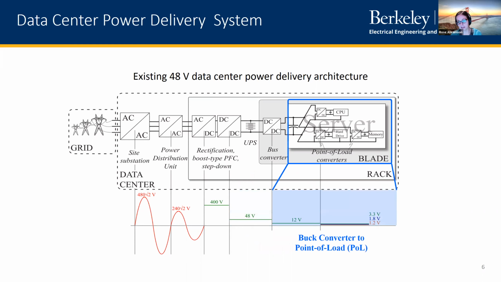So then looking at the 12-volt to lower voltage or point of load voltage, this step is often implemented using some sort of buck topology, so that you can have regulation at the point of load, and you can also have a variable duty cycle to control exactly what voltage you're outputting.